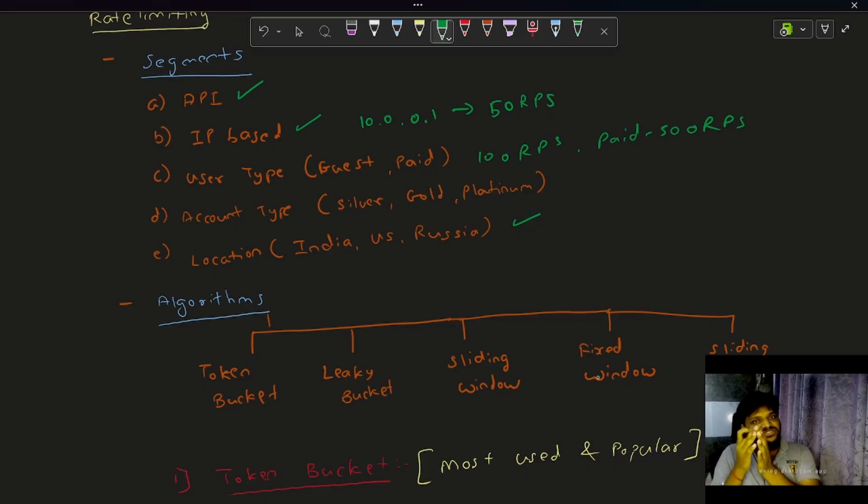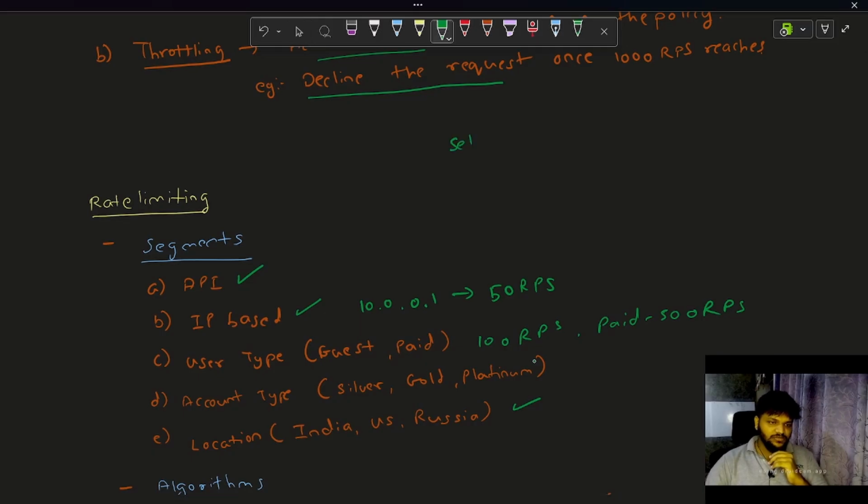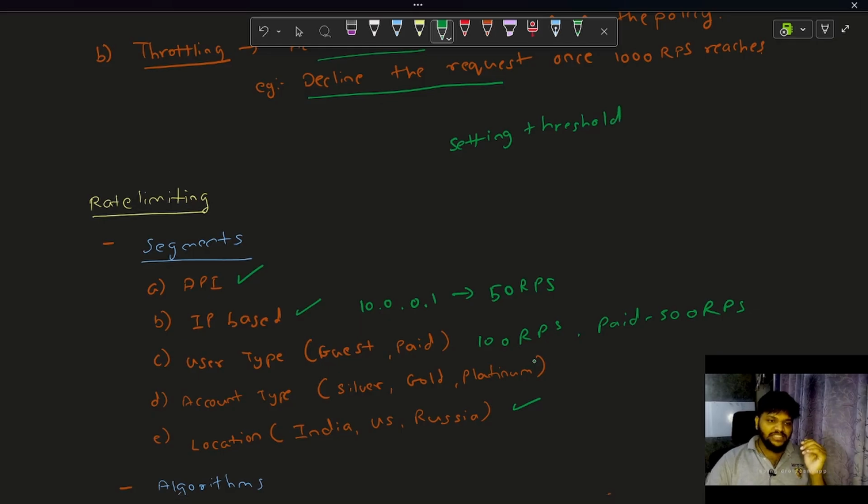So the first part is setting a threshold. Then the second part is ensuring the threshold is valid.